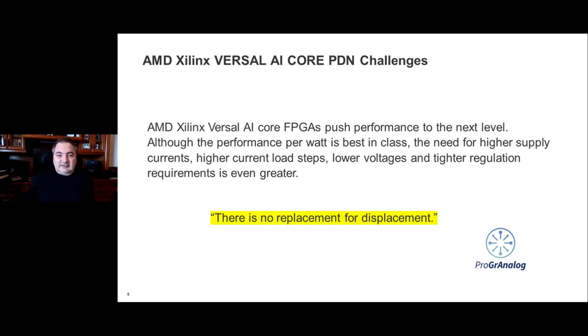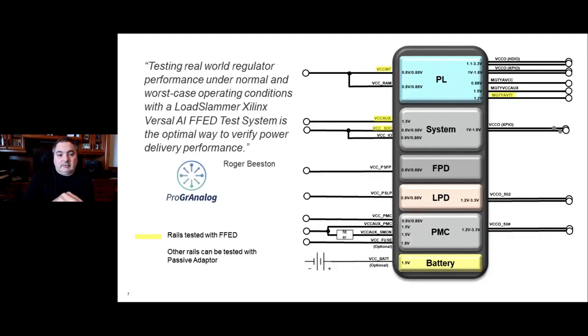And if you're looking to design some margin into your power supply, then you need to test beyond what the device can actually draw. And ideally, you'd be able to slew faster than the device can actually slew. And that gives you the design margin that you require to feel confident about getting your design to market in a satisfactory, production-worthy condition.